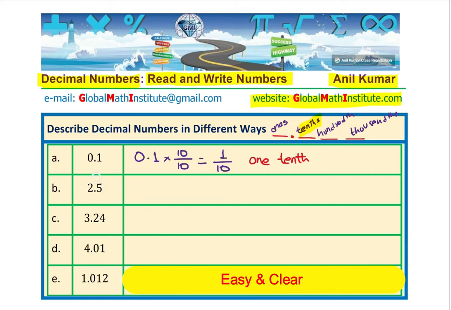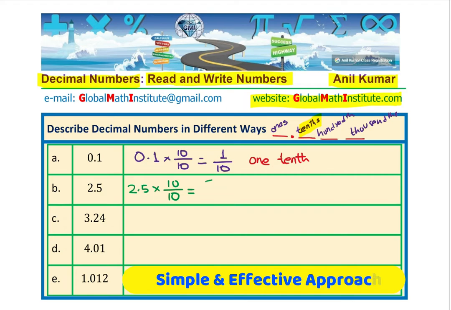Now let's look into 2.5. So slowly we'll develop on this concept. So 2.5, let me write in a different ink. So if I have 2.5, I can multiply this by 10, divide by 10. So the number remains same, it's still the same decimal number. However, when I multiply in the numerator, I get 25, which is not a decimal number, right?